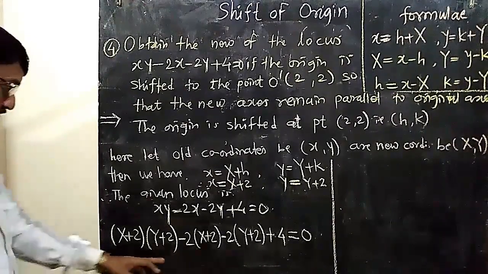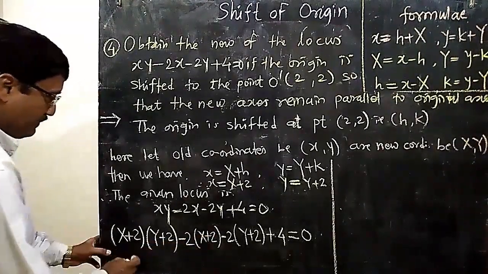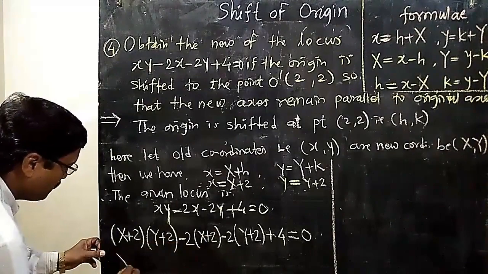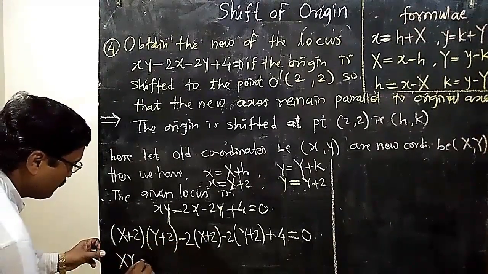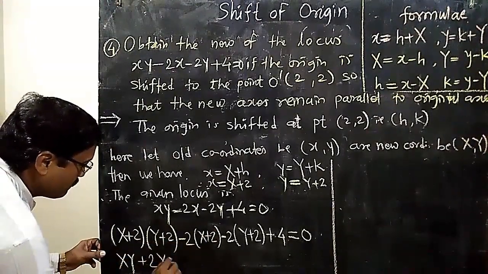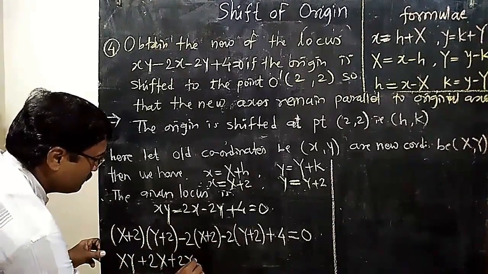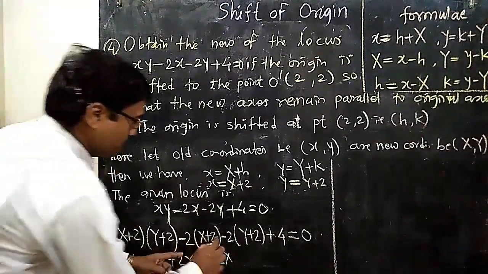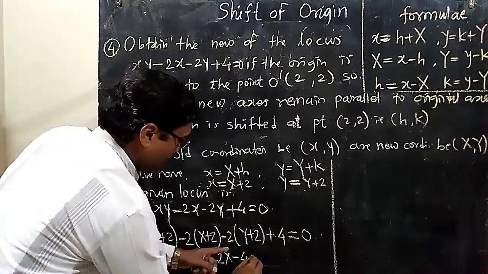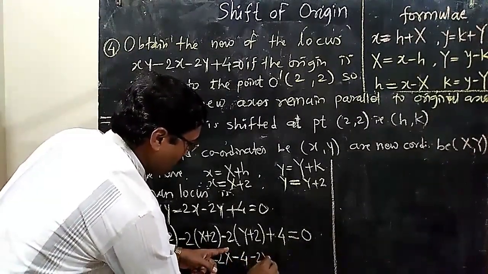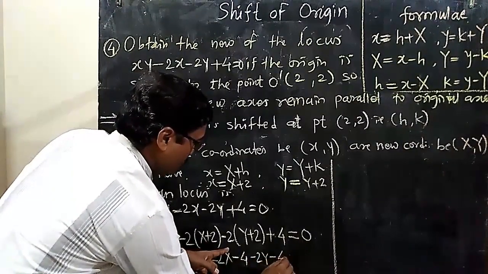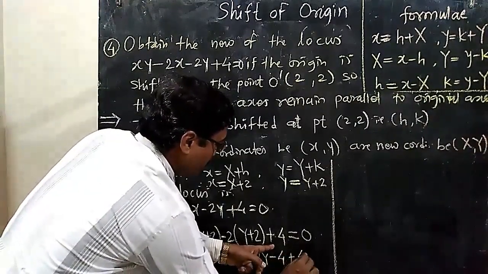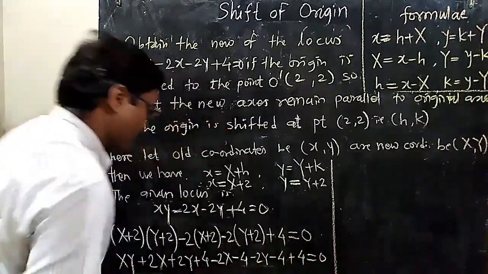If we open these brackets, then in this multiplication we get xy + 2x + 2y + 4 - 2x - 4 - 2y - 4, and this last + 4 = 0.